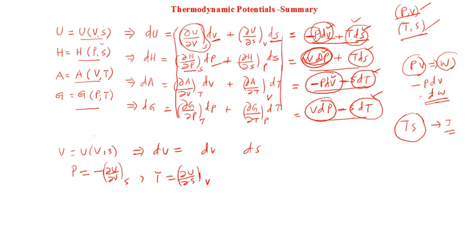Now one more thing: this usually happens in competitive examinations. You will be given a number of relationships like this. You remember it all systematically, and maybe after 1 year you are writing an examination where you are given a question like this: which of the following relations are correct, or which of the following relations is wrong?